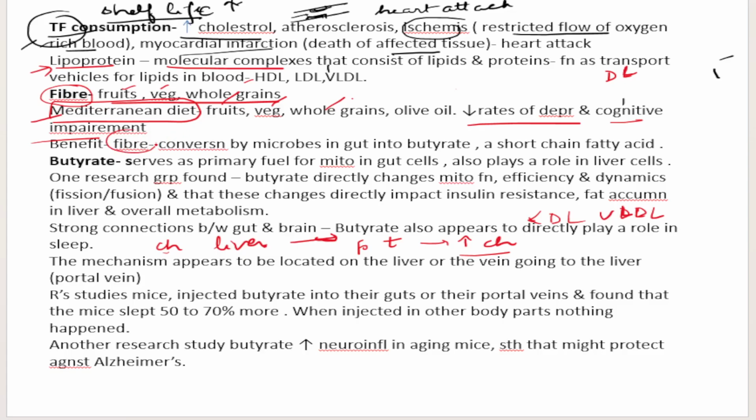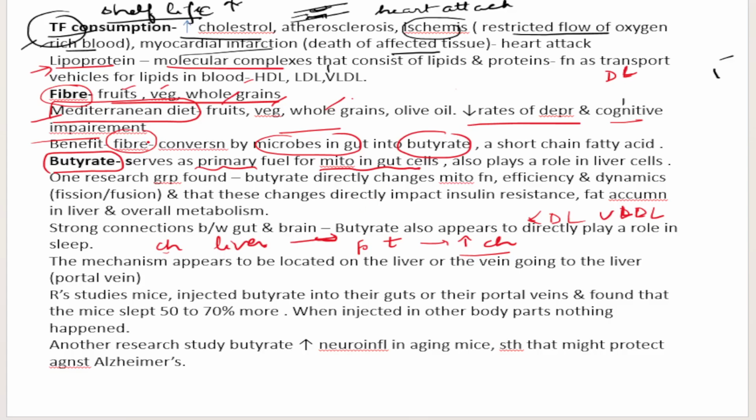Fiber is converted by the microbes in the gut into butyrate, which is a short-chain fatty acid. And this butyrate serves as the primary fuel for mitochondria in gut cells.